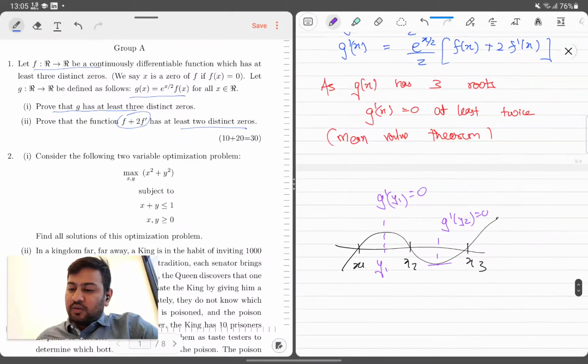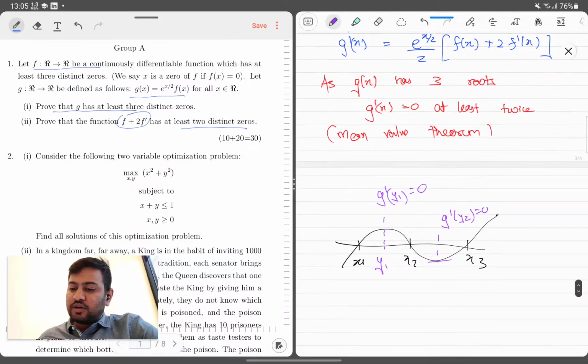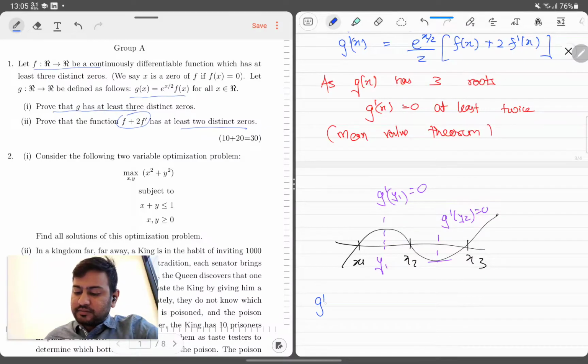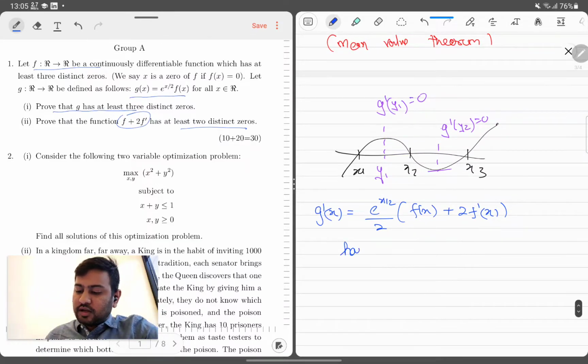Now coming back, I have shown that g prime of x has at least 2 roots. So what I have now is that g prime of x, which is e to power x by 2 upon 2 into f of x plus twice f prime of x, has at least 2 roots.